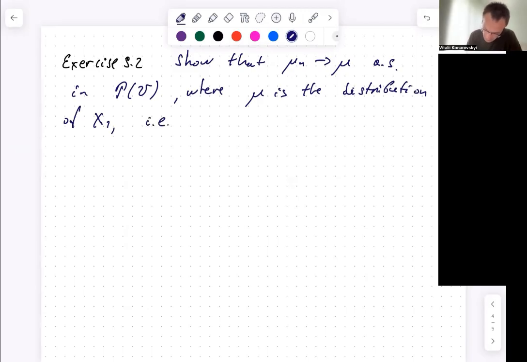That means mu of every point u_i is the probability that x1 is equal to u_i.